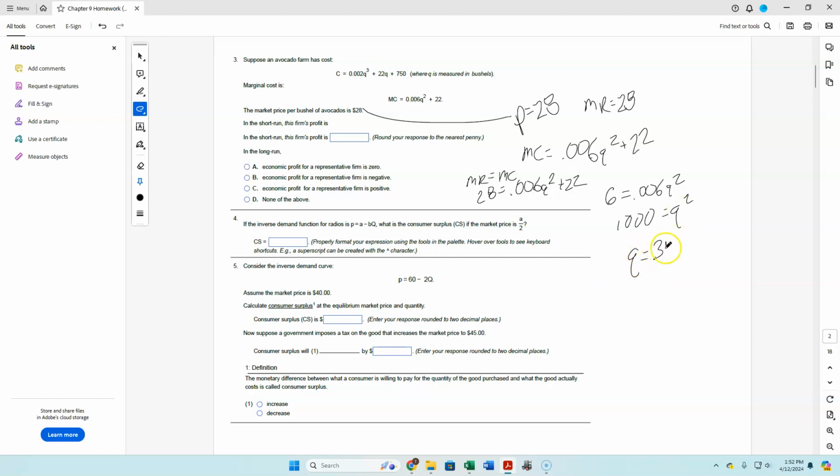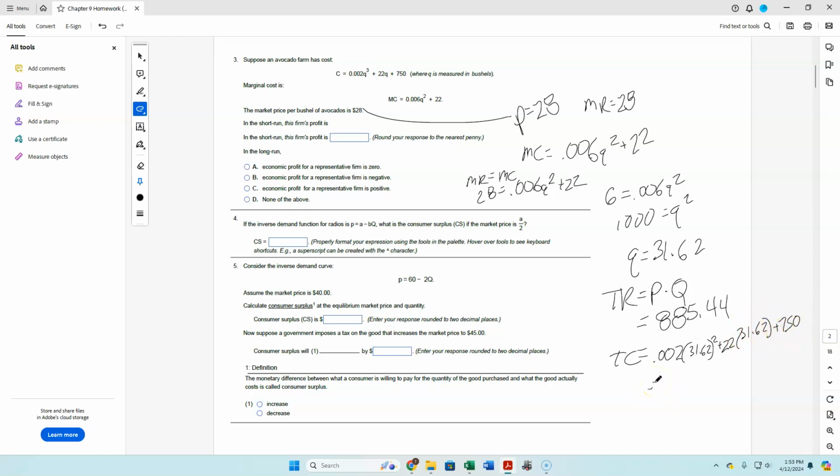And then the square root of that is 31.62. So multiplying that by 28 gets me 885.44. Total costs are going to equal 0.002 times 31.62 squared plus 22 times 31.62 plus 750.